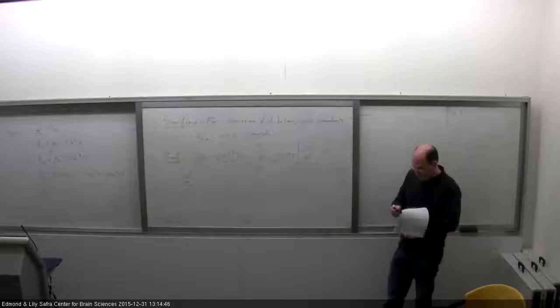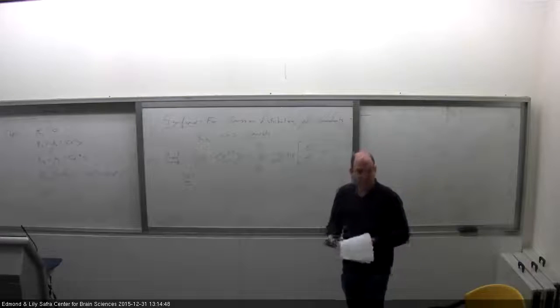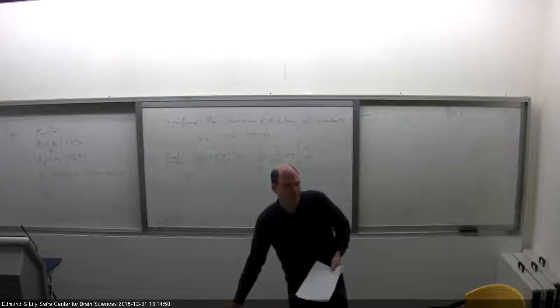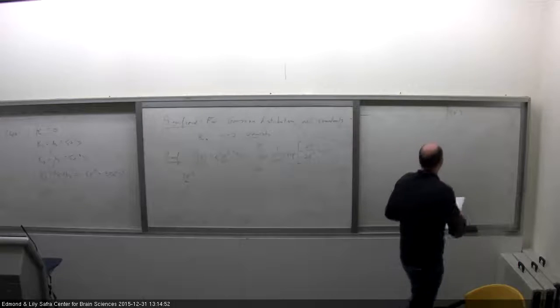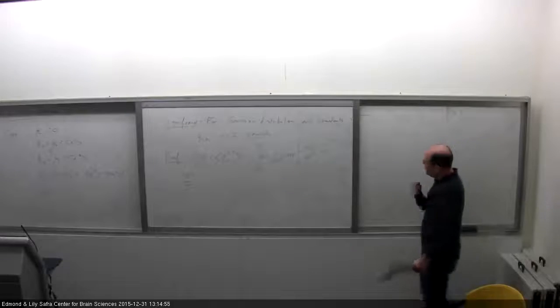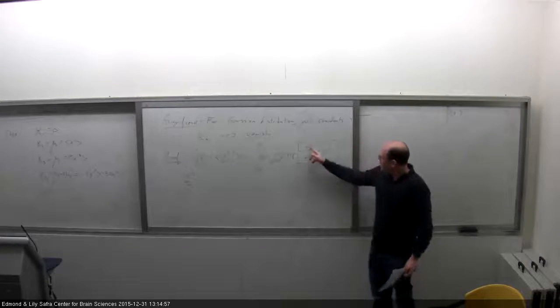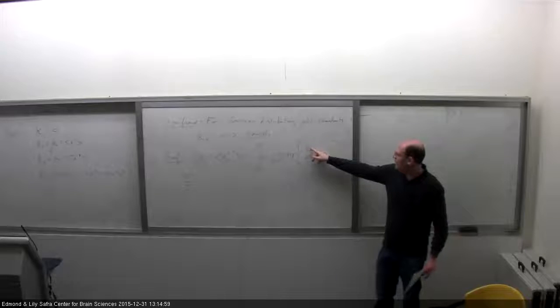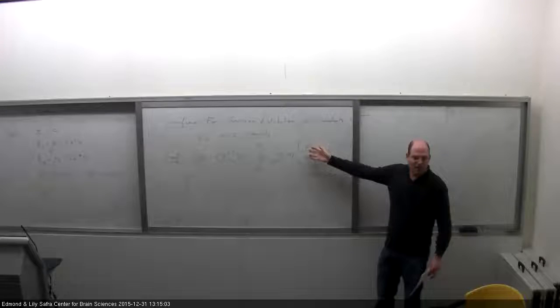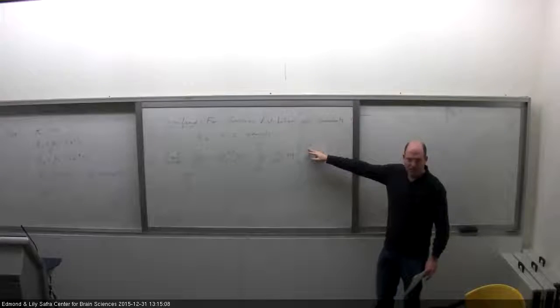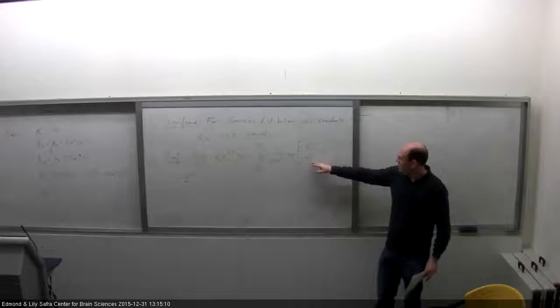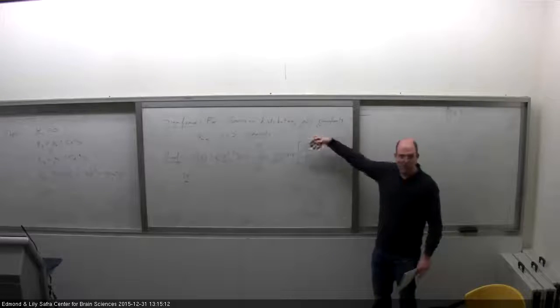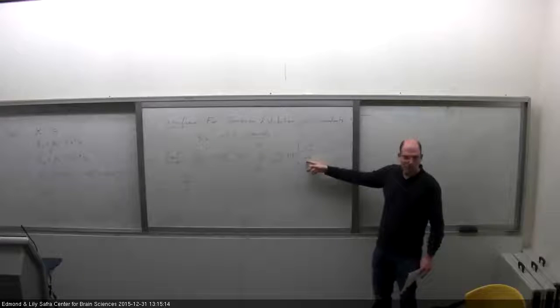How can I do this integral? Yeah, okay, so we had a good proposal. I know how to do the integral of a Gaussian. So if I can shift x such that what we will have here would be like x minus something squared over 2 sigma squared, then I know how to do the integral.